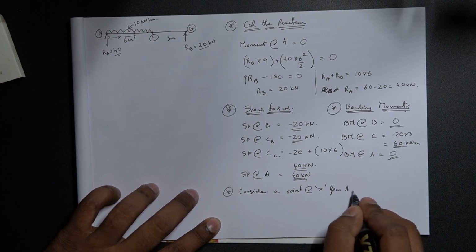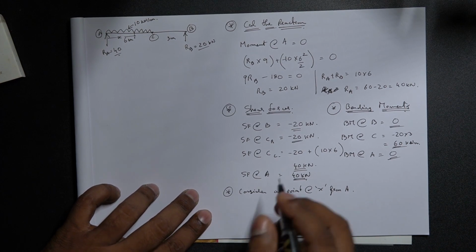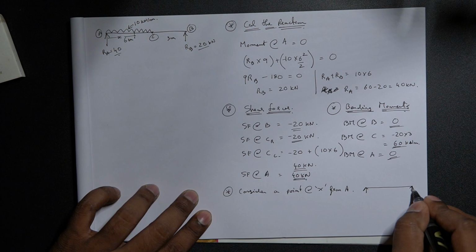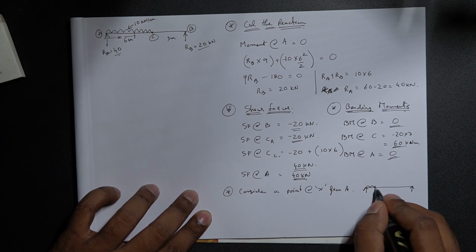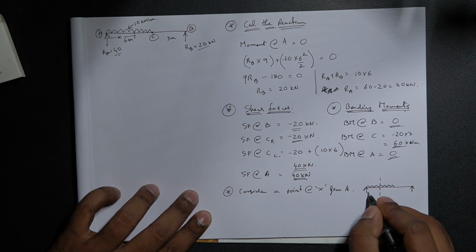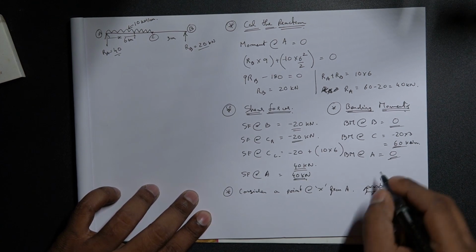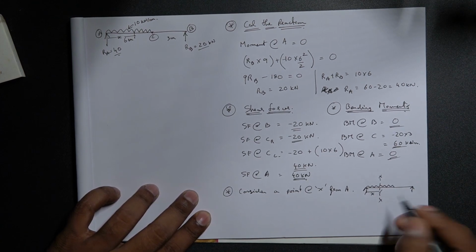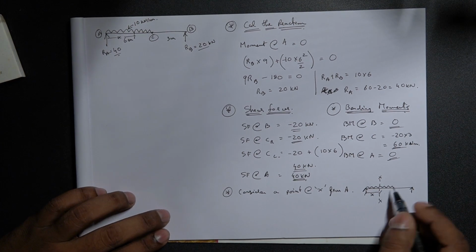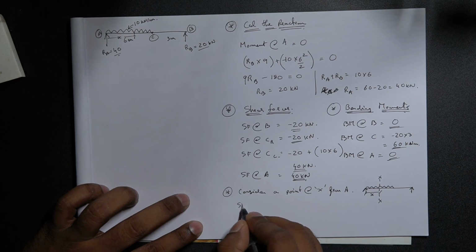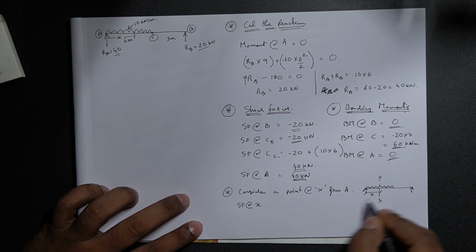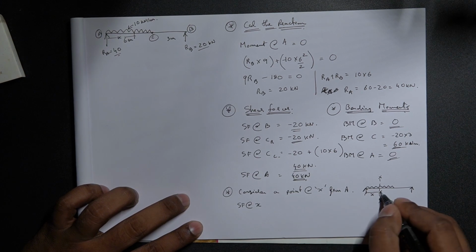Now I'll try to calculate the shear force at this point. So this is my distance x, and let's call this section xx. So distance x from A to the section xx.